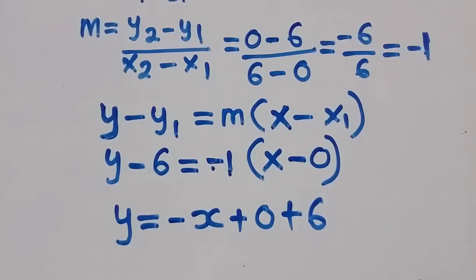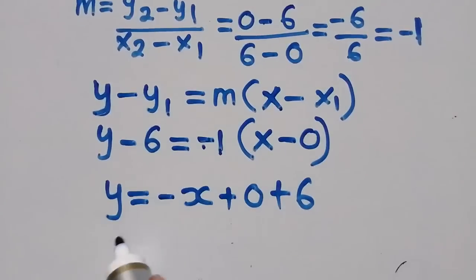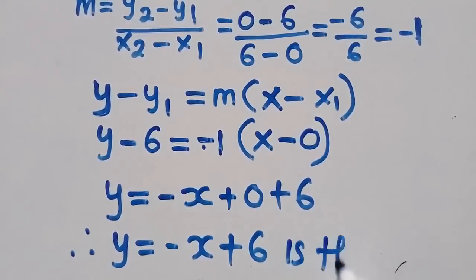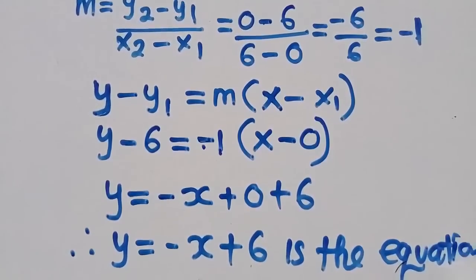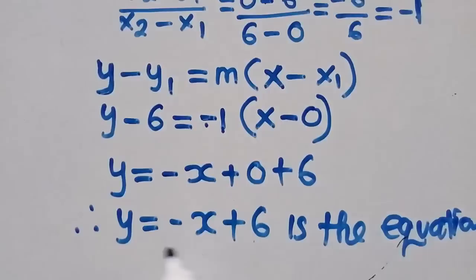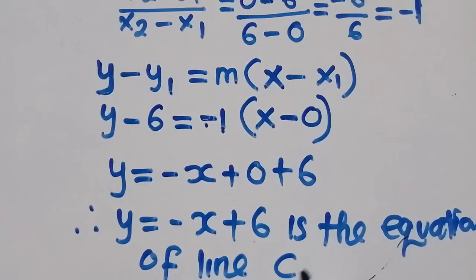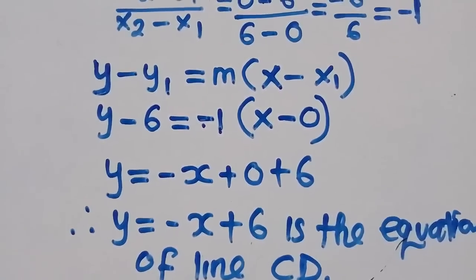So you can now conclude that y is equal to negative x plus 6. This is the equation of the line CD.